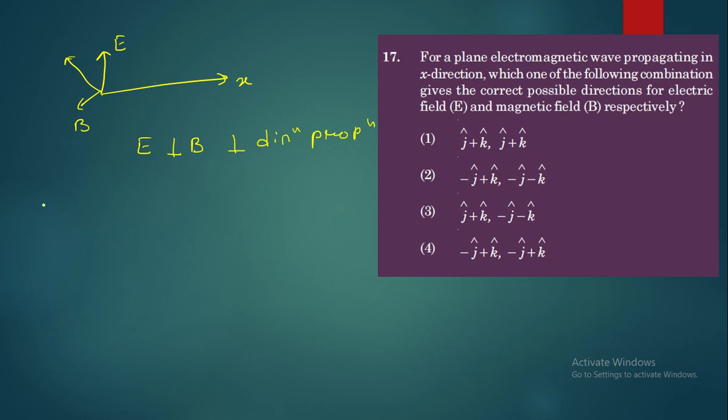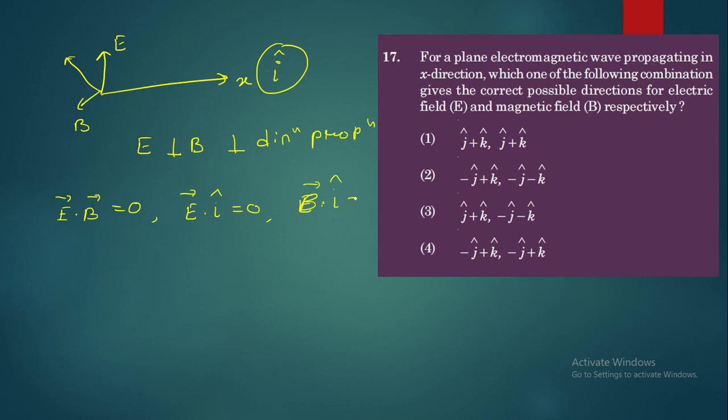By definition, the directions of electric field, magnetic field, and propagation are all mutually perpendicular, which means E dot B must be equal to 0, and the direction of propagation here is i cap, so E dot i will be equal to 0, and B dot i will also be equal to 0.